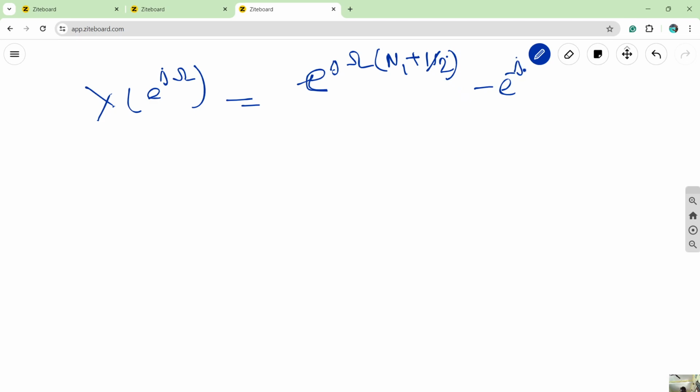X of e to the j omega equals e to the power j omega n1 plus half minus e to the power minus j omega n1 plus half, by e to the power j omega by 2 minus e to the power minus j omega by 2.